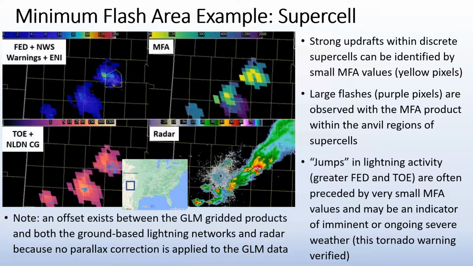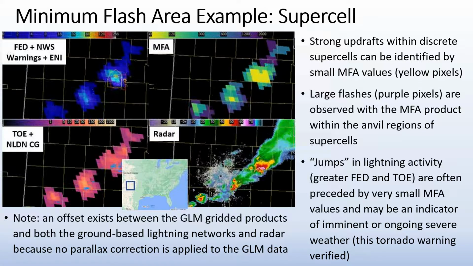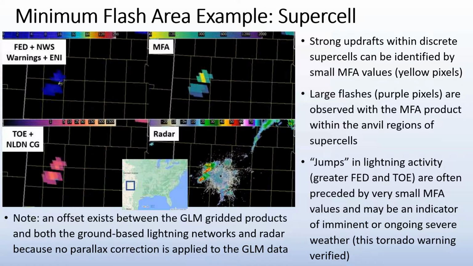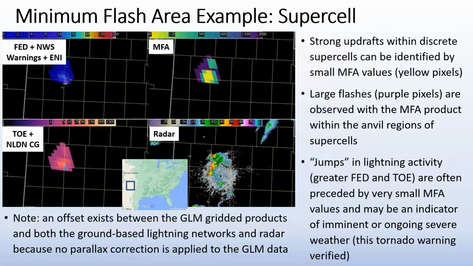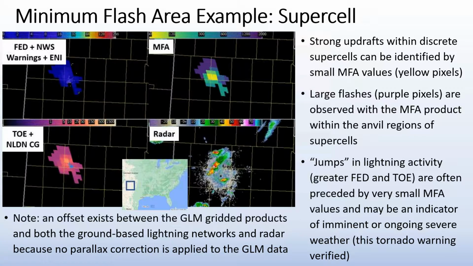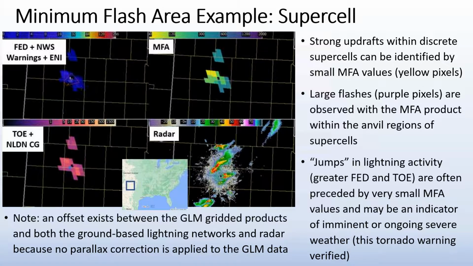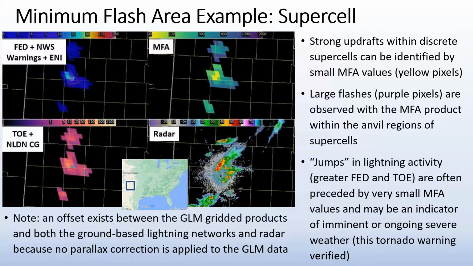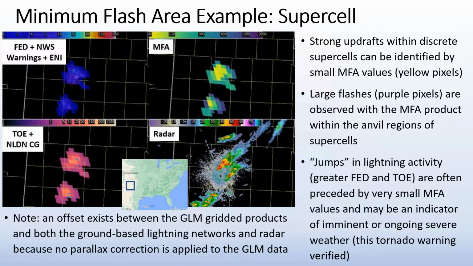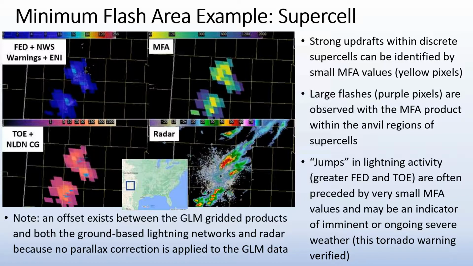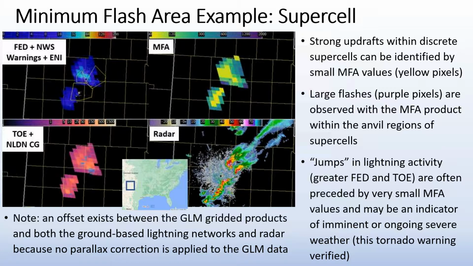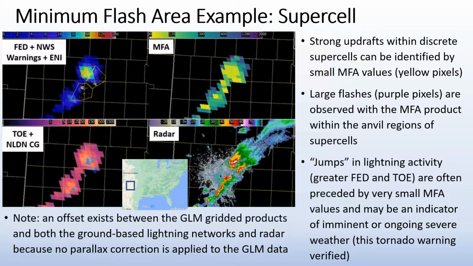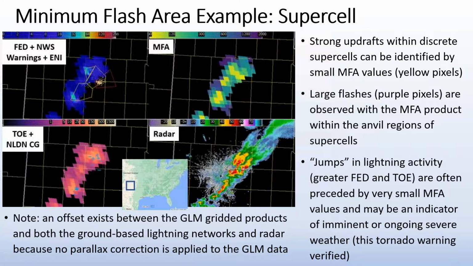Something else to note here is that the NWS warnings are overlaid from the top right panel, and especially for the tornado warnings, as these warnings are issued, we can see quote unquote jumps in the flash counts for FED, and then also we see the same consistent lowering of the flash areas in MFA.